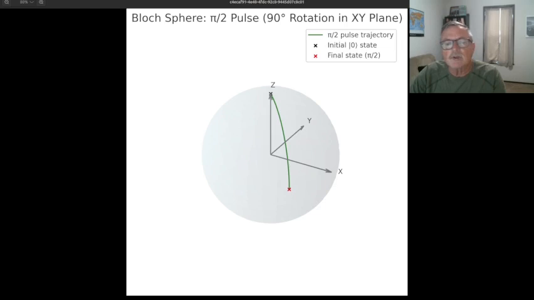So here's what we're going to do: we're going to place this at a plus 90-degree phase from X. X would be 0 phase. And it seems like 90-degree phase would be right over here with the y-axis.